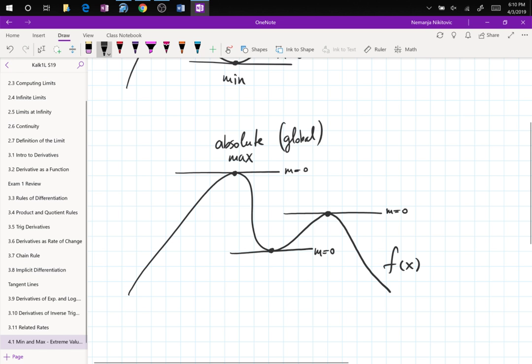Some calculus textbooks will call it absolute, and some will call global. And then the other one is going to be relative max, also known as local.